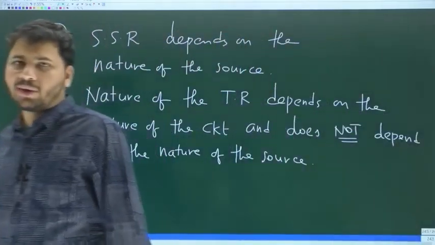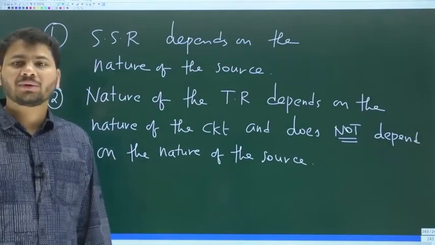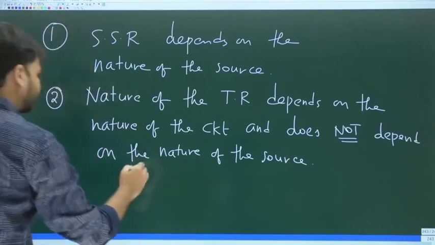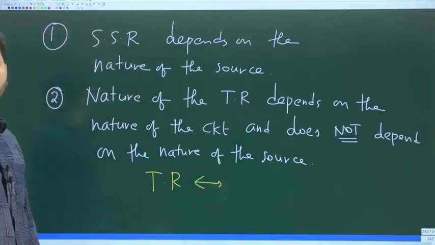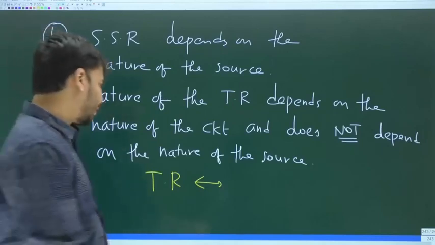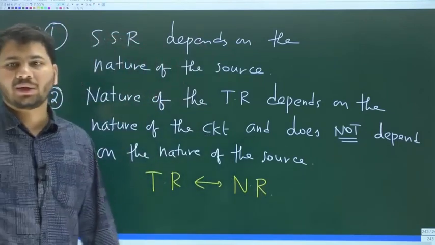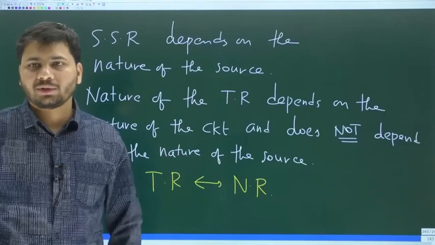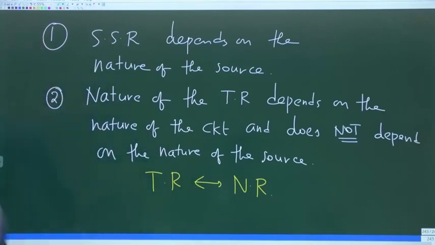Because it only depends on the nature of the circuit, transient response is also called as natural response. So what is the other name for transient response? From now onwards, we will be calling the transient response as what? Natural response. Okay.